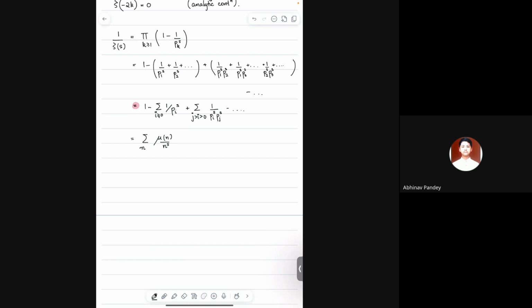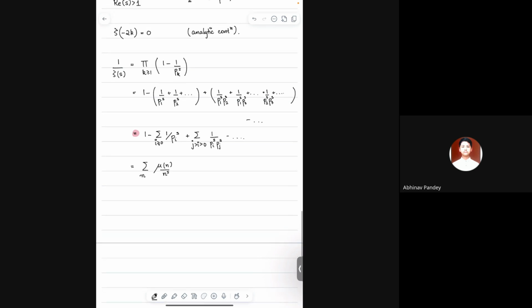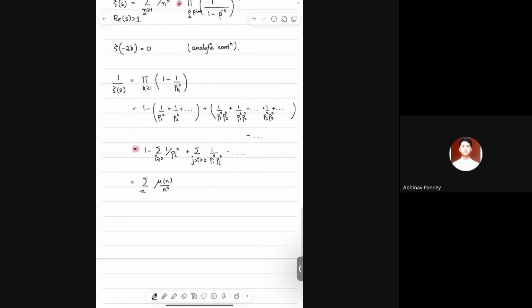Perfect. So the reason why I did this calculation is that this is not exactly a generating function, right? Because if I had a series, I wanted to write it as a_n x to the power n, and this is not quite that shape, but morally this might look like a generating function.